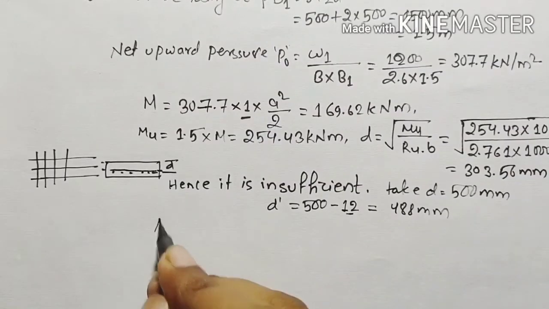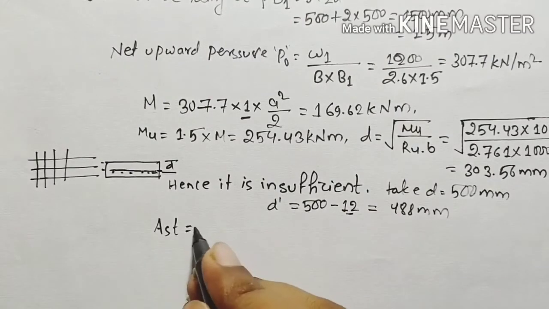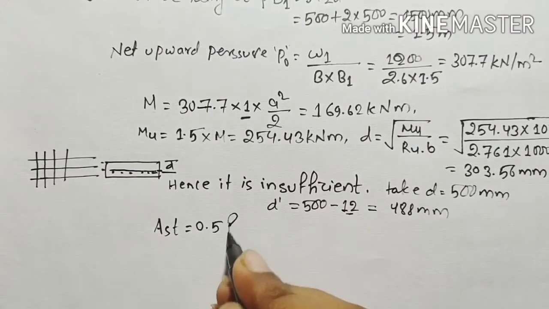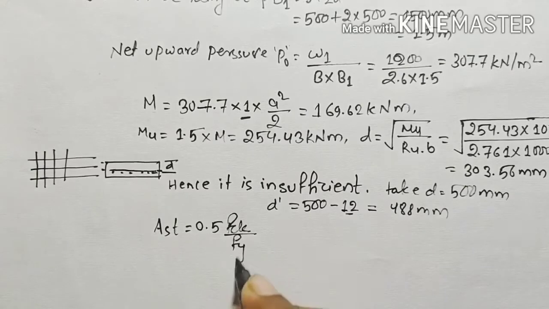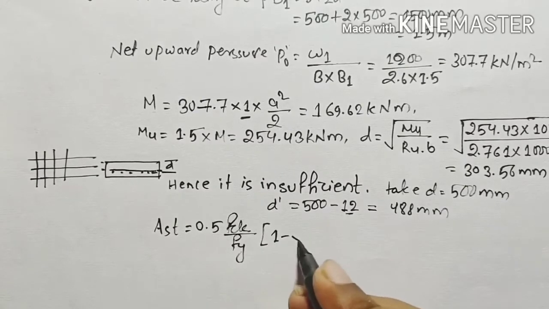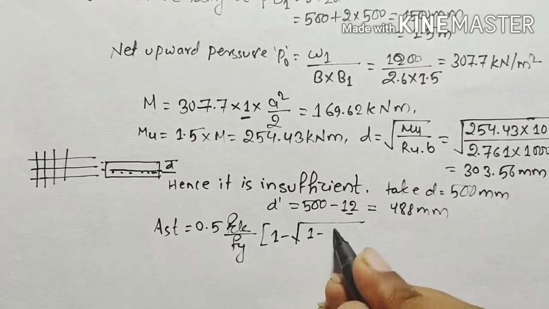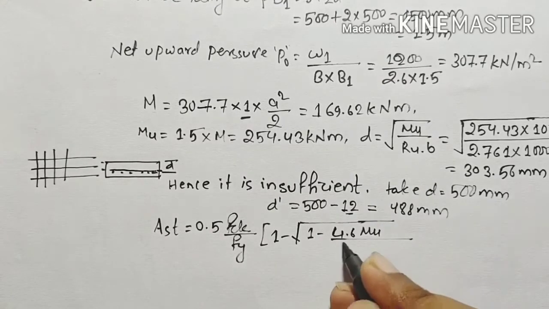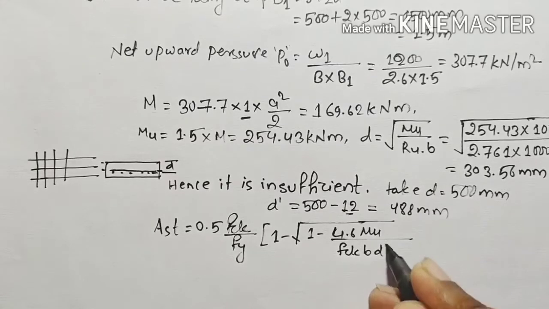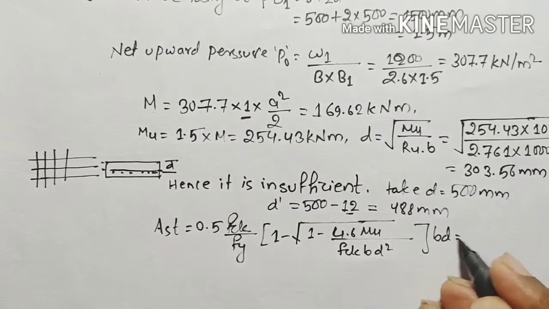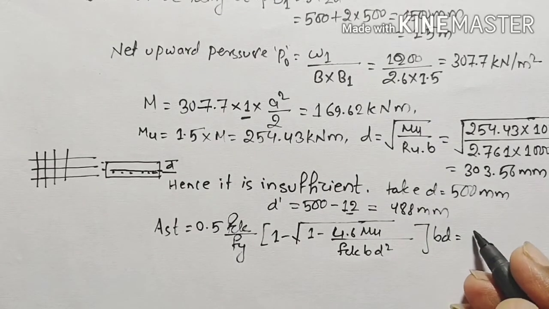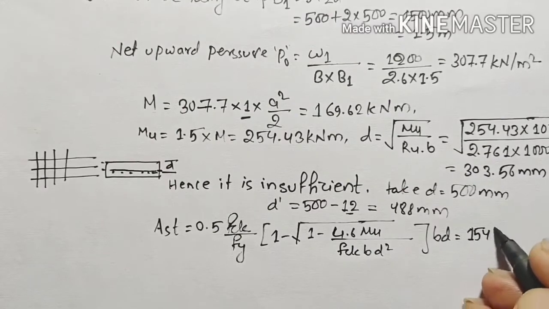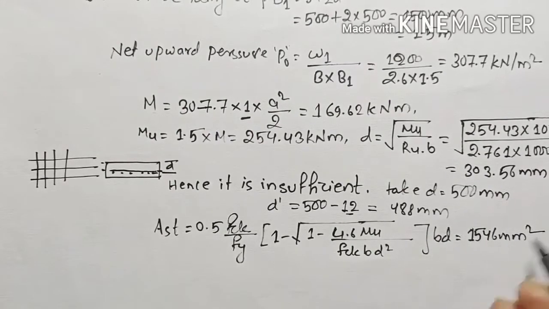Now let's find Ast, using the formula 0.5 fck by fy times 1 minus root under 1 minus 4.6 Mu by fck bd square, times bd, and we get the value of Ast as 1546 millimeter square.